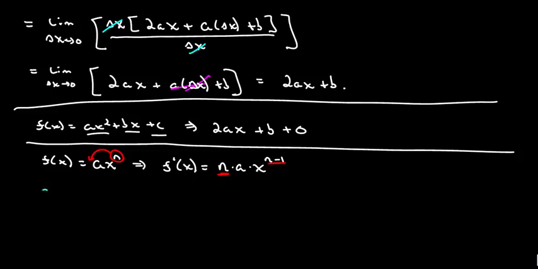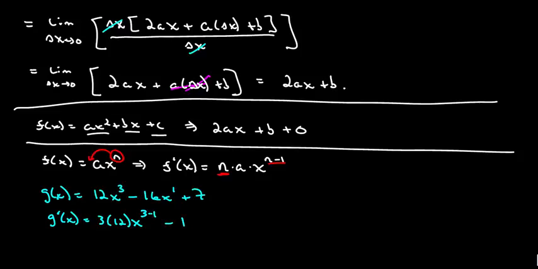Let's say we had g of x equal to 12x to the third minus 16x to the first plus 7. Well, then g prime is 3 times 12 x to the 3 minus 1, minus 16 times 1 times x to the 0, plus, now there's nothing here, right? This is a constant.